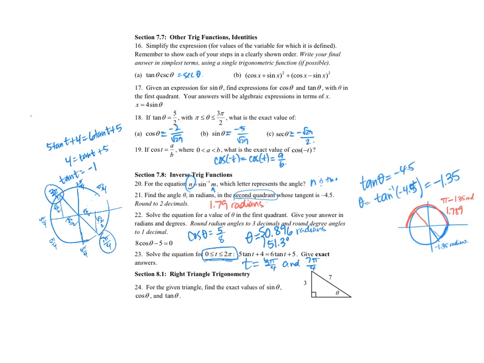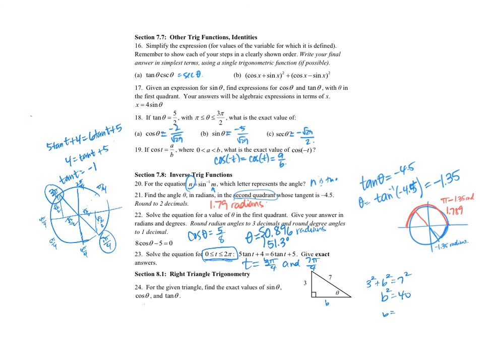Okay, for the given triangle, find the exact values of sine theta, cosine theta, and tangent theta. So the first thing we'll need to do is find the missing side. I'll just call it b. So I know 3 squared plus b squared equals 7 squared. And so that gives me b squared is 40.